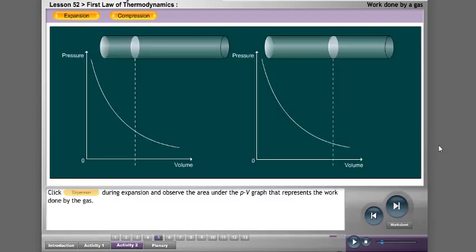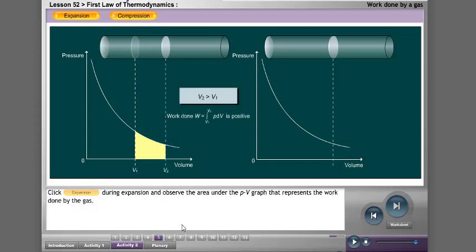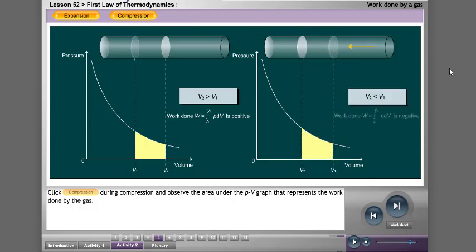Click expansion during expansion and observe the area under the PV graph that represents the work done by the gas. Click compression during compression and observe the area under the PV graph that represents the work done by the gas.